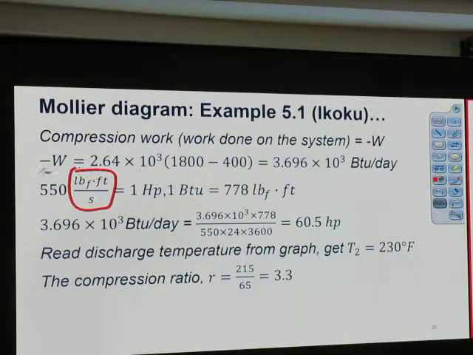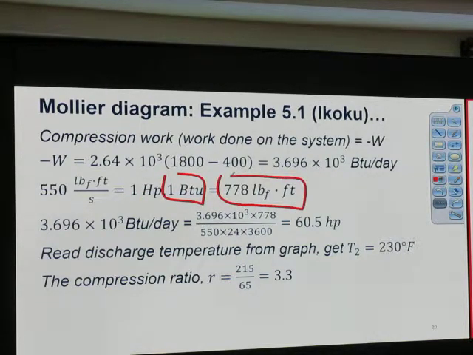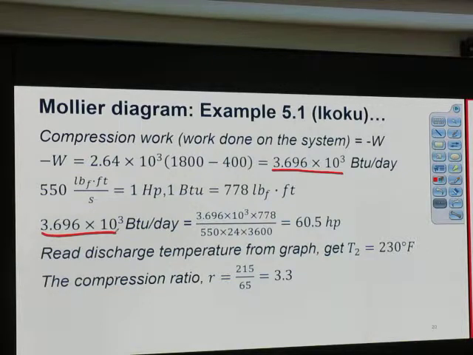So 550 pound force foot per second equals 1 horsepower. 1 BTU is 778 pound force foot. So this is just a unit conversion. I have BTU per day. I multiply by that much to convert from BTU per day to pound force foot per day.